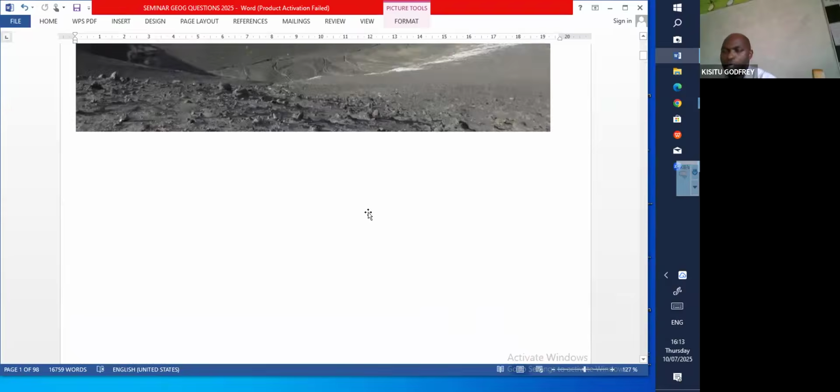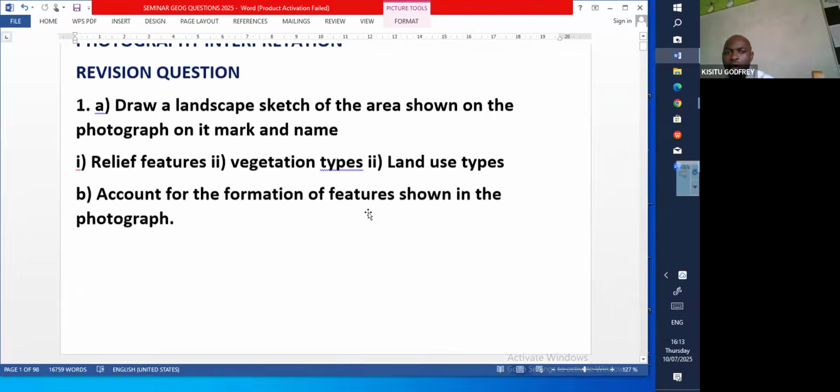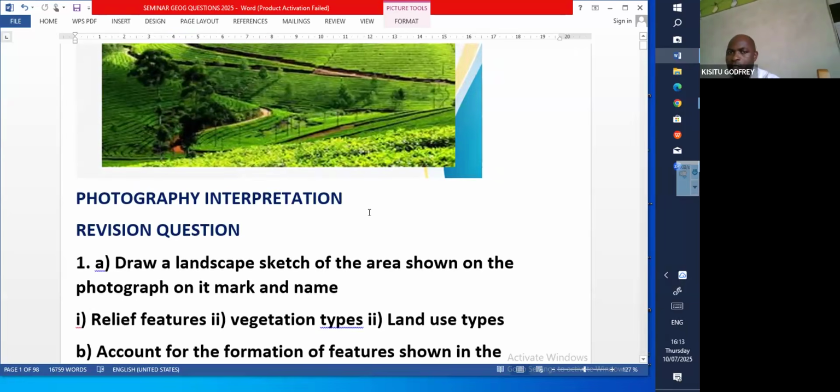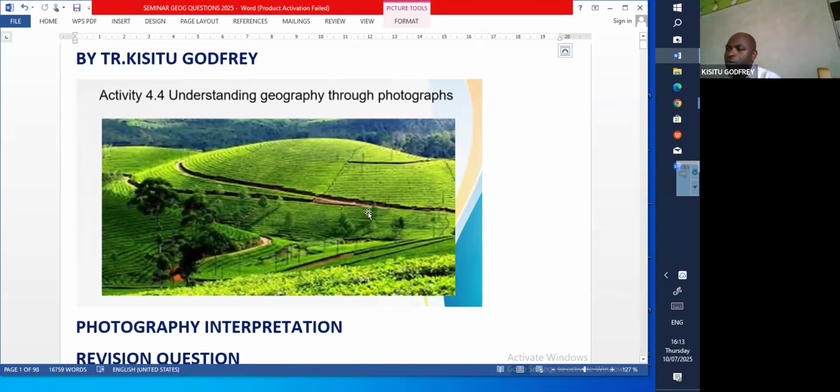So we're going to start by looking at question number 1, and that is drawing a landscape sketch of the area shown on the photograph. There are 2 ways of drawing this. One, if the photo can fit on your answer sheet, you can just trace it, then you put whatever you want.